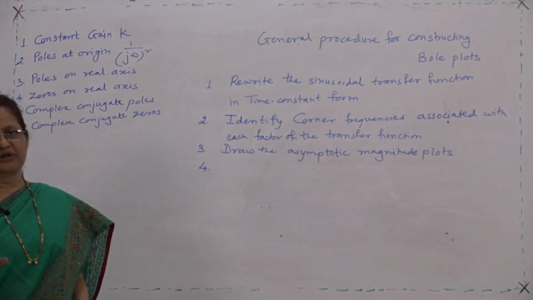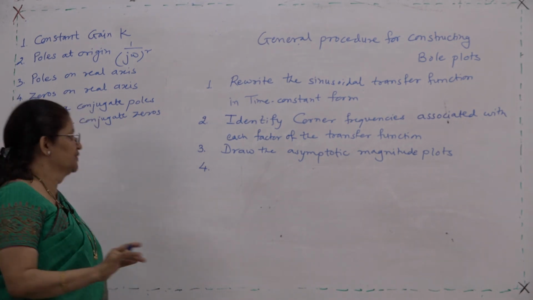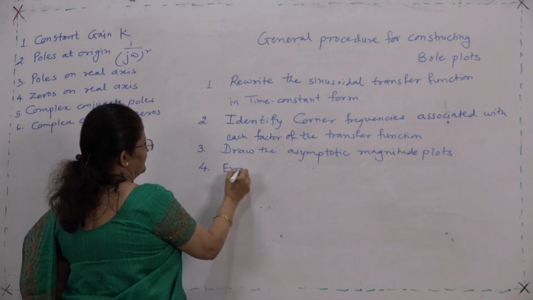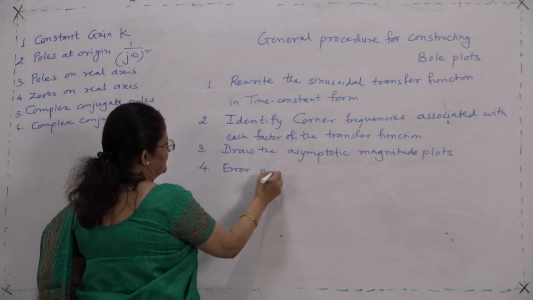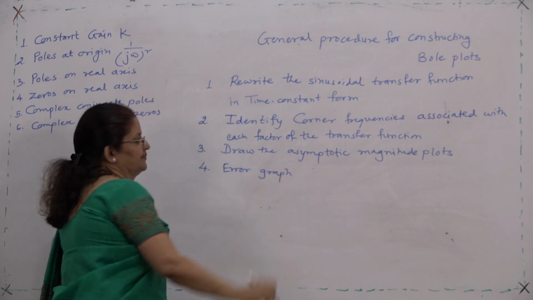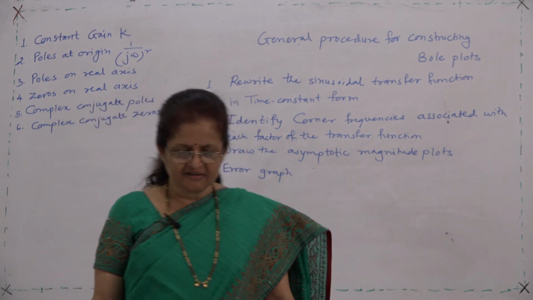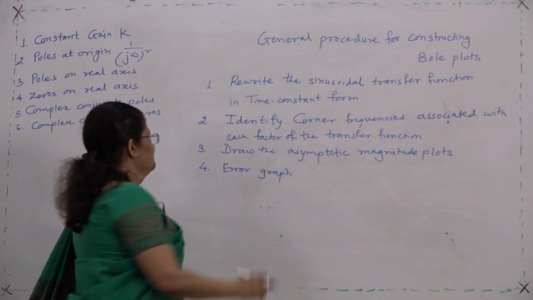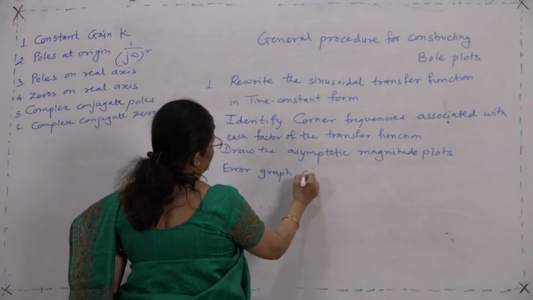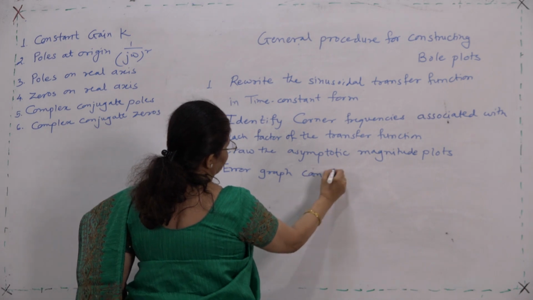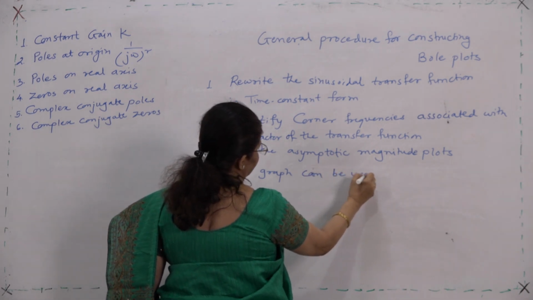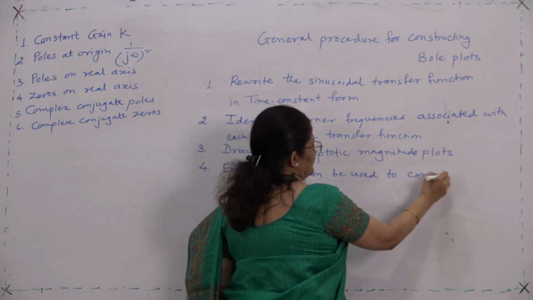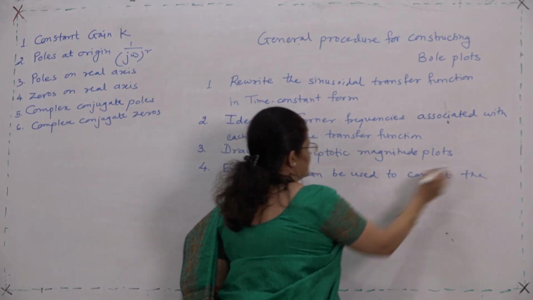This is the asymptotic plot, that is, an approximate plot. So, you have to find the error graph. The error graph you have to consider to draw the actual plot. The error graph can be used to correct the asymptotic plot.